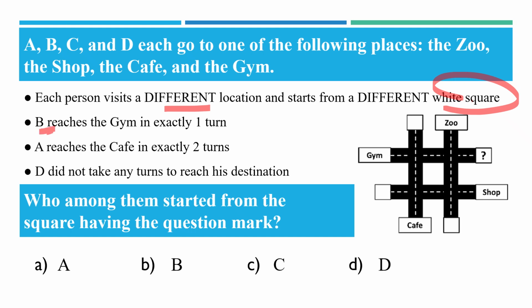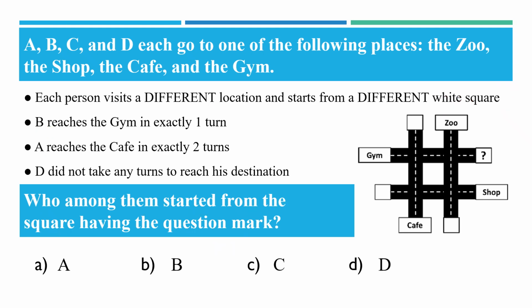A reaches the cafe in exactly 2 turns, and D did not take any turns to reach his destination. Okay, so the main question is, who among them started from the square having the question mark?